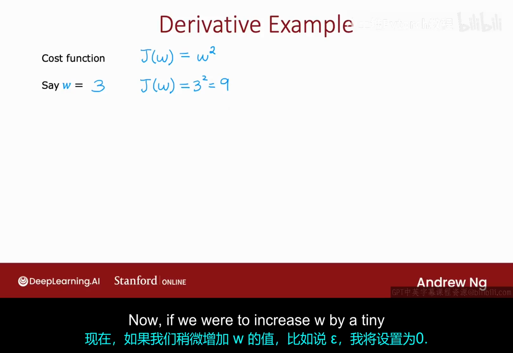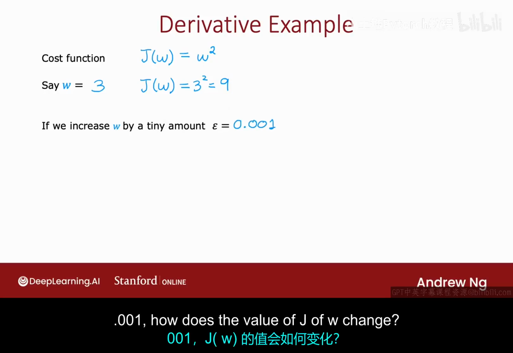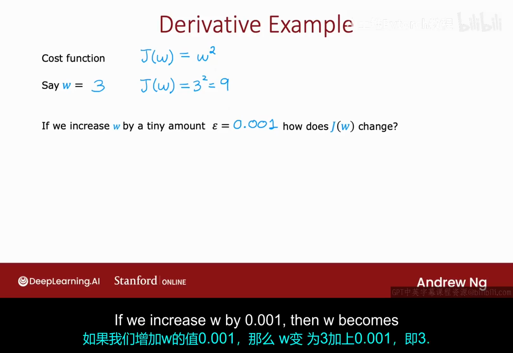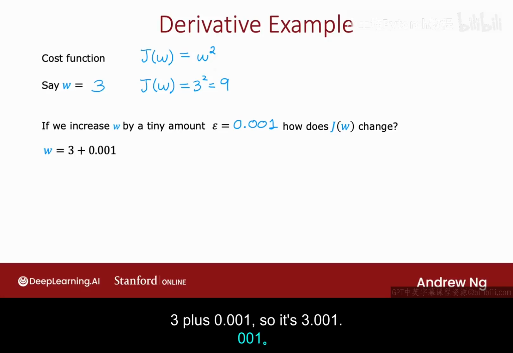Now, if we were to increase w by a tiny amount, say epsilon, which I'm going to set to 0.001, how does the value of J(w) change? If we increase w by 0.001, then w becomes 3 plus 0.001, so it's 3.001.